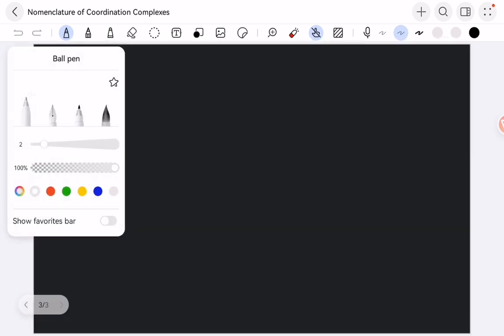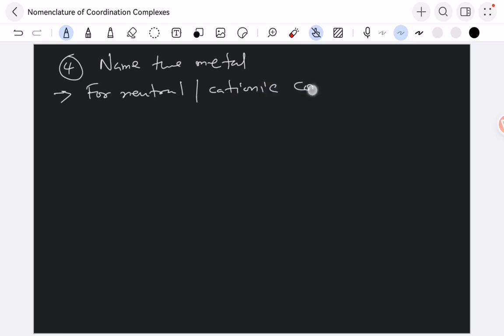Step 4 now requires us to name the metal. It's very important for you to know that a metal sometimes can be on the neutral side or can be in a cationic complex.